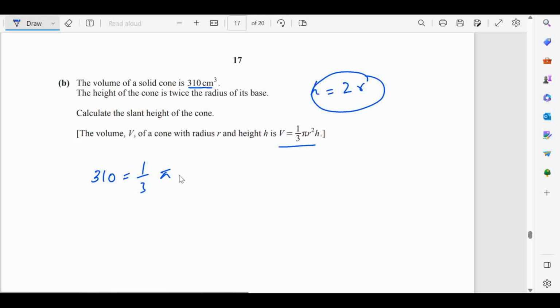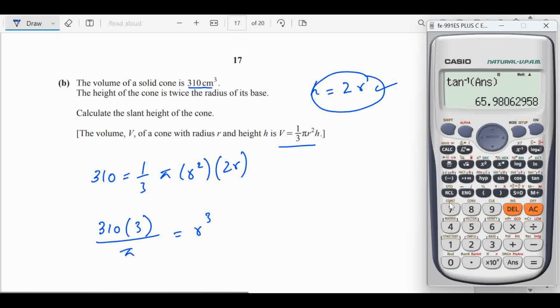Now what was the radius of the cone? The radius of the cone was R. So we can write it as R square into height. Now the height is equal to 2R. So this will be 310 into 3 divided by pi equals r cube.